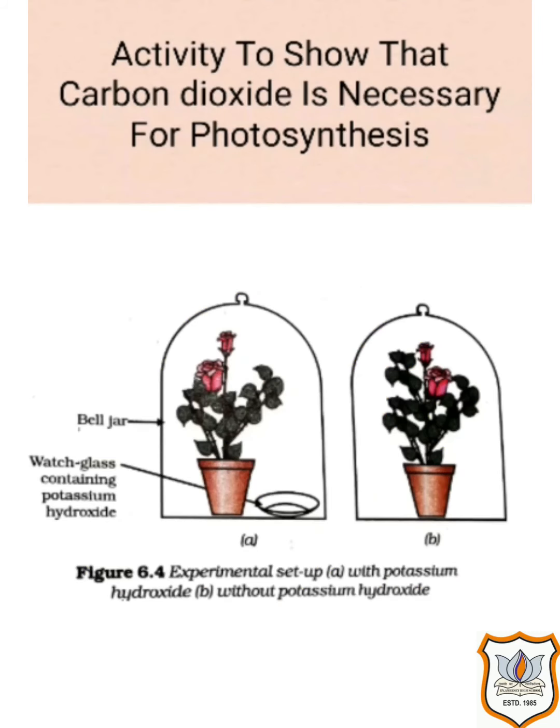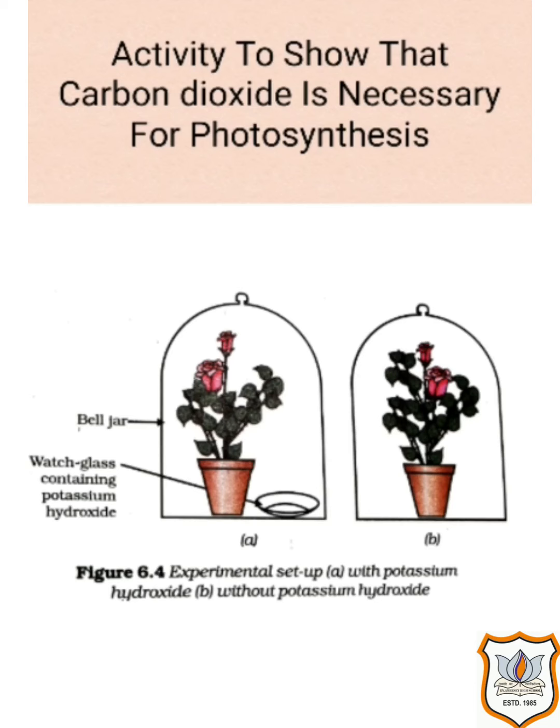Let us discuss another activity to demonstrate that carbon dioxide is necessary for photosynthesis. Take 2 potted plants, place them in the dark for 3 days. This will destarch them. After 3 days, place each pot on a smooth glass plate.